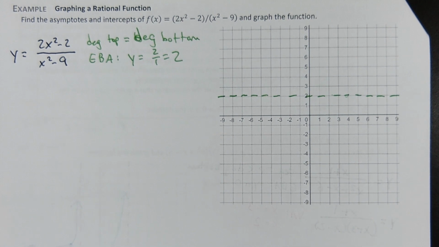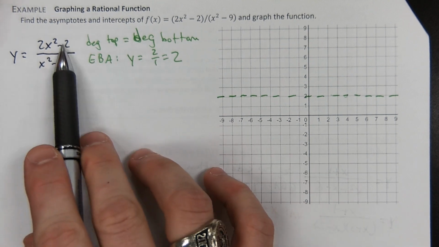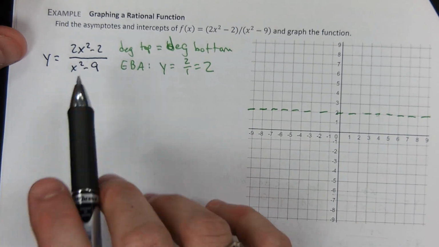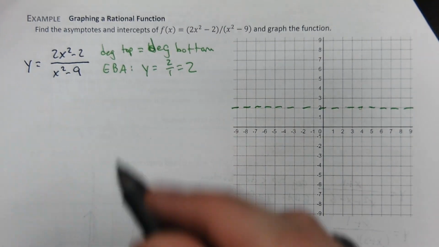Now that we know what the endings of our graph are going to behave like, we need to figure out where this graph is even allowed to exist. So factor everything that you can factor. This has a GCF.